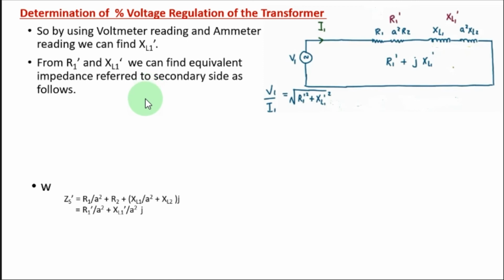From R1 dash and XL1 dash, we can find the equivalent impedance referred to the secondary side as follows.